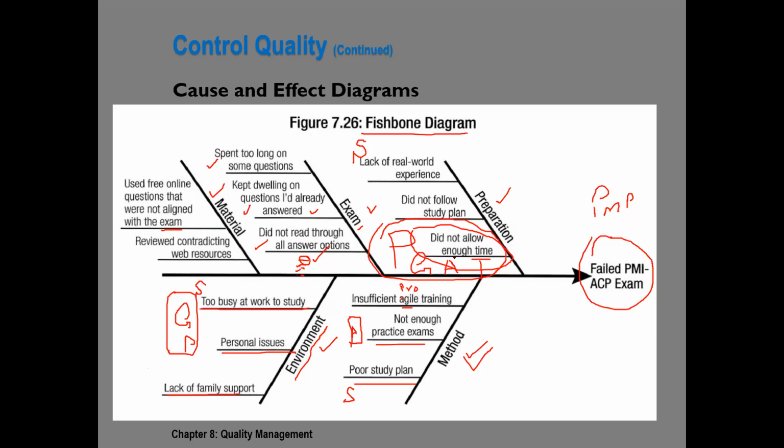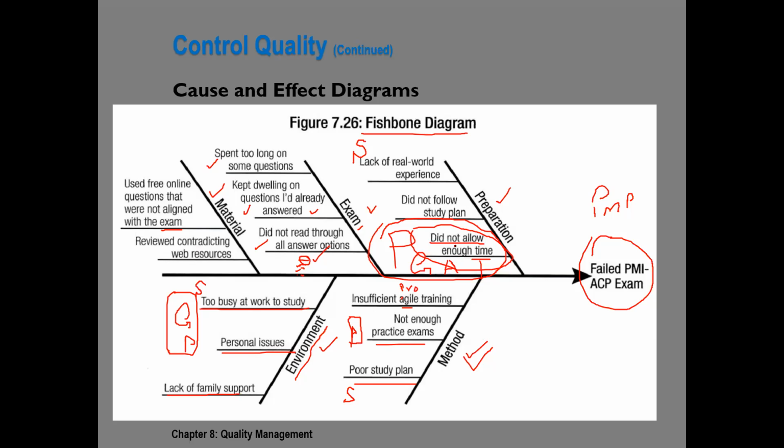So this could be the main reason. In fact, this is talking about didn't allow enough time. We might have enough time, but we didn't give that much time to our prep. So this was just one exercise about the fishbone diagram that could be applied to anything.